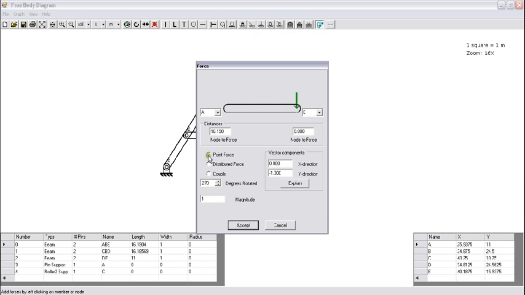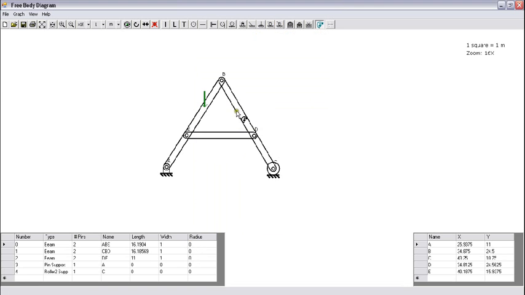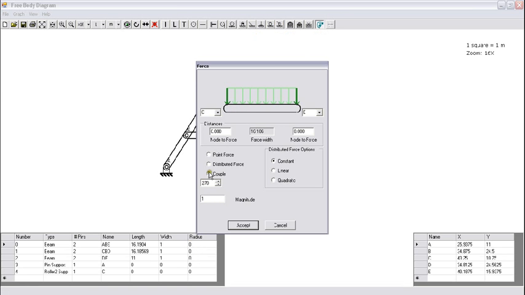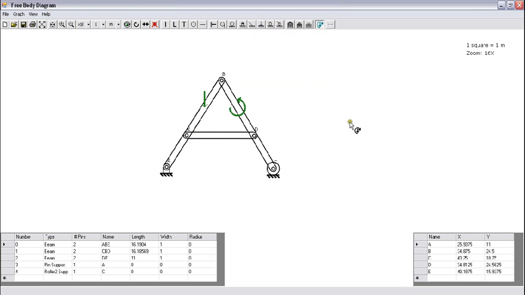Let's say we have a point force at a distance of 5 with a magnitude of 1000, and on this member we will put a couple at a distance of 5, with a magnitude of 2000. Remember that these magnitudes and locations are unimportant, as we are paying attention to the underlying principle only.